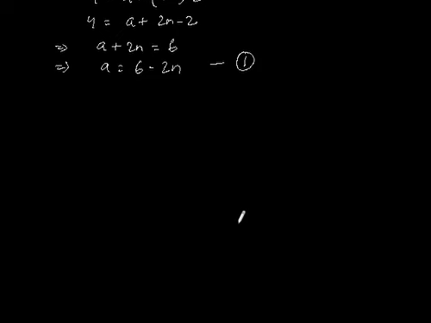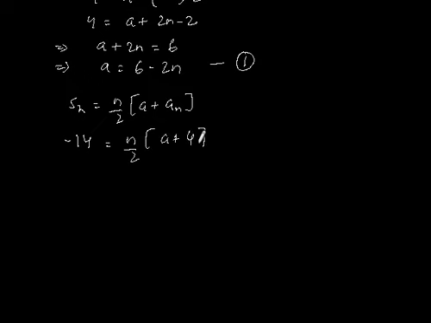Now we also know that Sn is equal to n by 2 into a plus an. Putting the value, Sn is minus 14 is equal to n by 2 under bracket a plus 4. This gives minus 28 is equal to n into a plus 4.